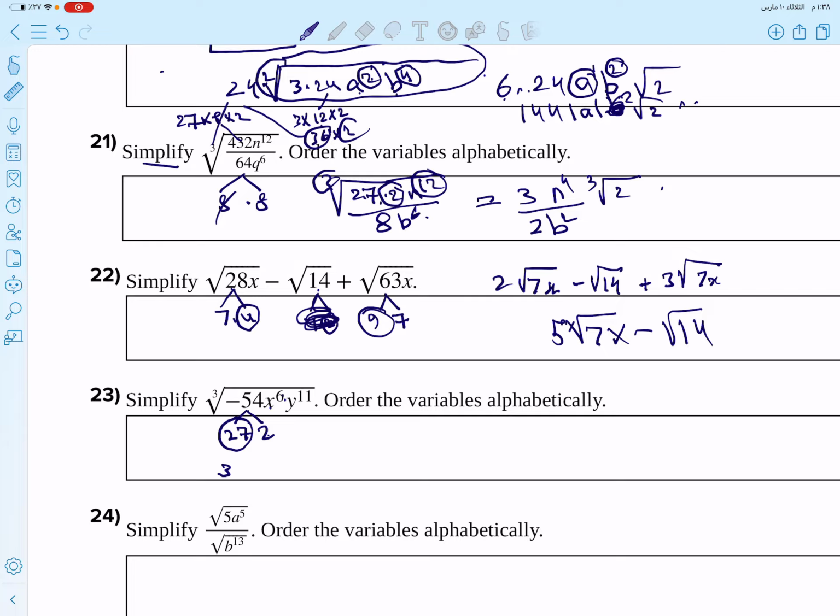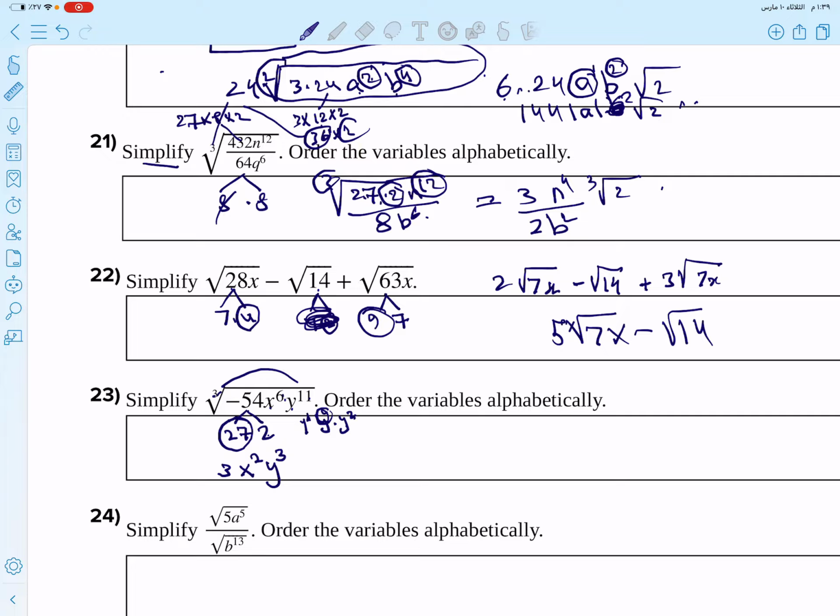About x to the power 6, 6 divided by 3, 2, so I have x to the power 2. Y to the power 11, 11 divided by 3, I can divide it, it's 9, and the remainder 2. Look, 11 divided by 3, I can write it as y to the power 9 times y to the power 2, because 9 divided by 3, 3, y to the power 3, and I keep inside the root y to the power 2.